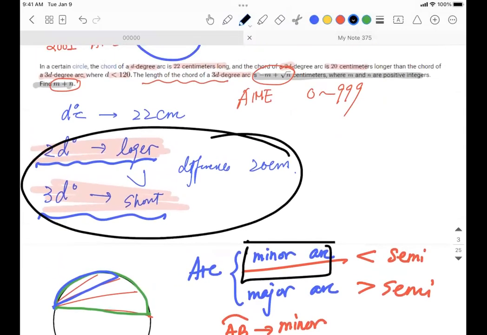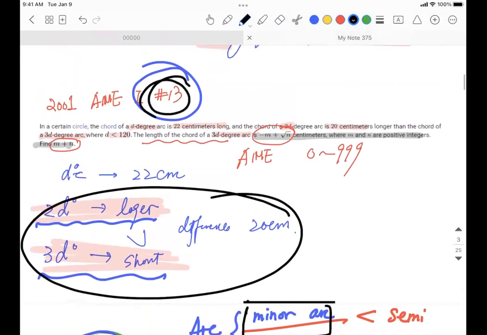But the million-dollar question is, how can I find out all those arcs? You have D, you have 2D, you have 3D. How do we make the entire thing more straightforward? This is the most challenging part of this problem, and why this is question number 13. You have to do a little bit of construction.